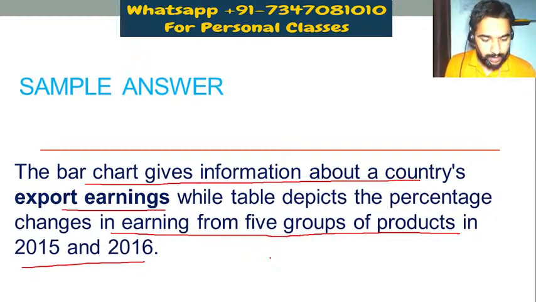Okay, Siddharth said given bar chart illustrates the figure of a country which exports in different categories during 15 and 16, whereas table compares the proportion changes in every categories for same years. Yes, very good, Siddharth.